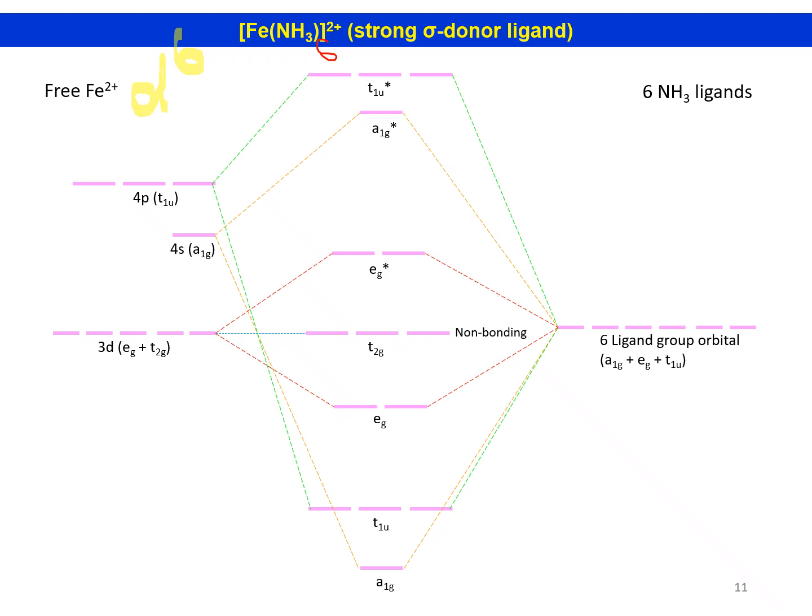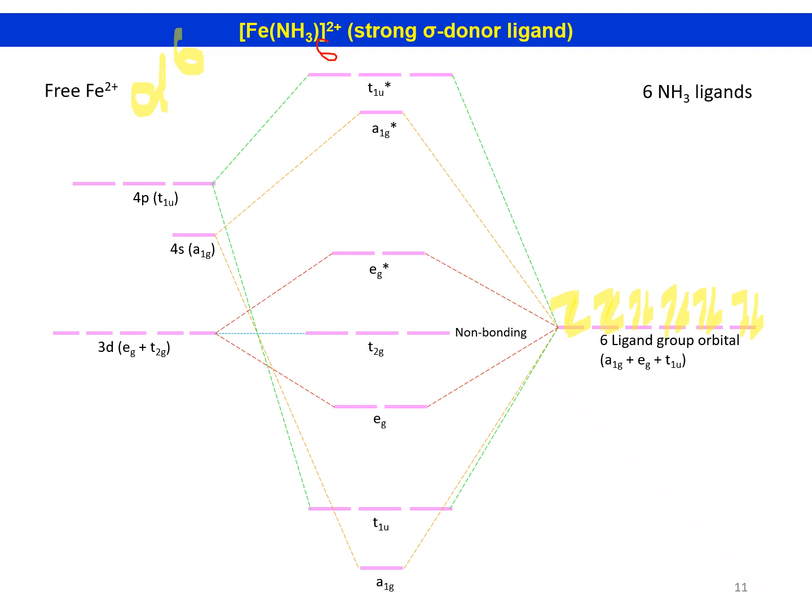So filling in, every ammonia ligand will contribute 2 electrons. So because there are 6 ammonia ligands, there will be 6 sets. Okay, there will be 6 sets where every ligand contributes 2 electrons.